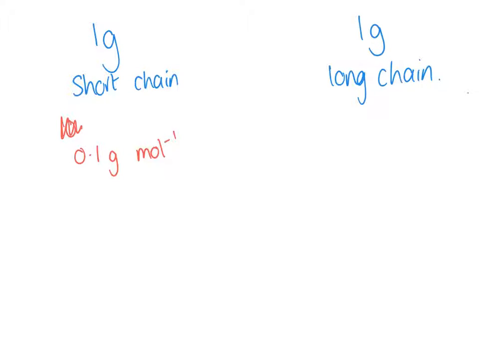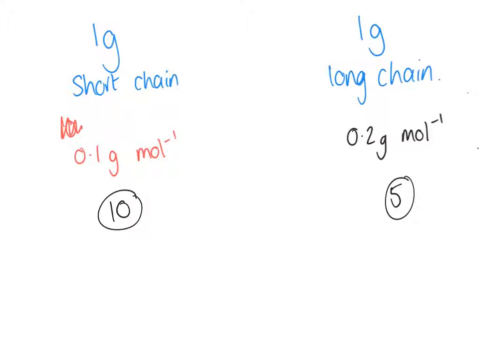So say the RFM of the short chain one is 0.1 grams per mole and the RFM of the long chain one is 0.2 grams per mole. How many short chain fats am I going to have in a mole? 10. How many long chain ones am I going to have? 5.